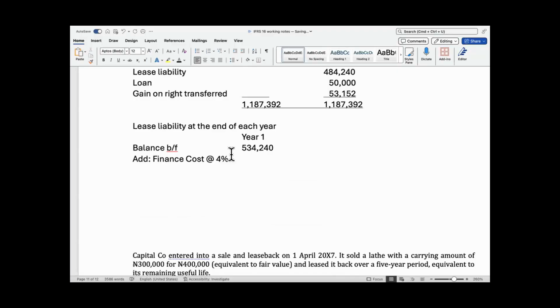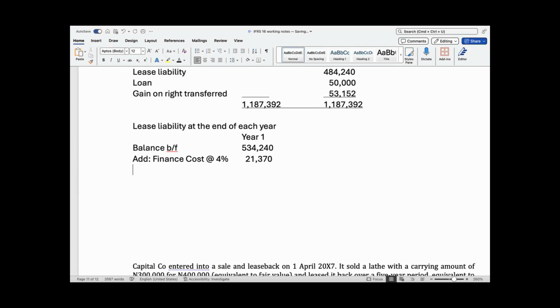So 4% times 534,240. That would be 21,370. And I will deduct the lease rentals, which is 120,000.